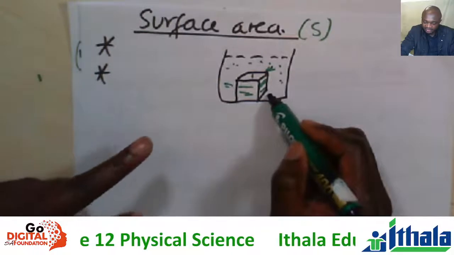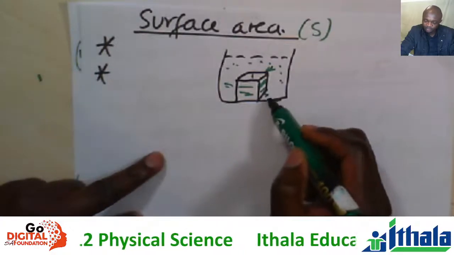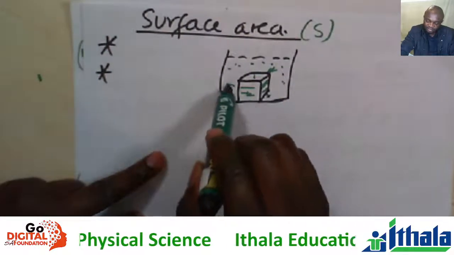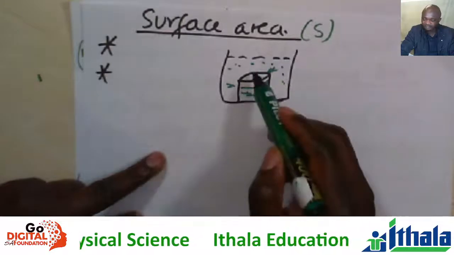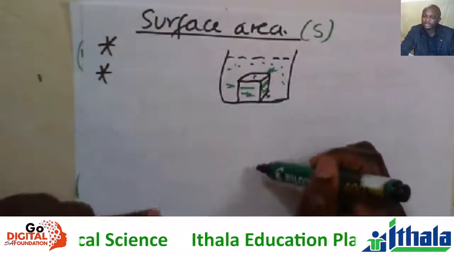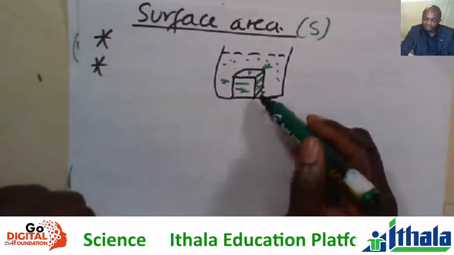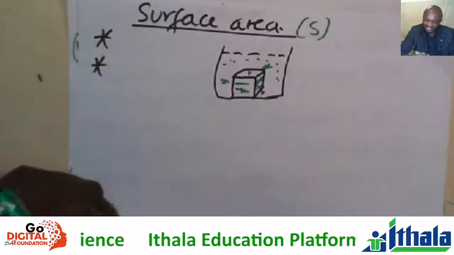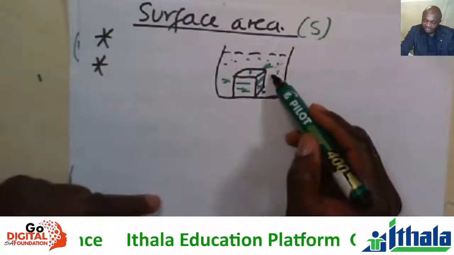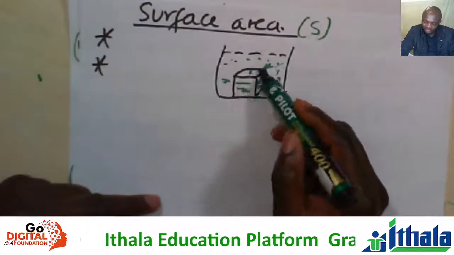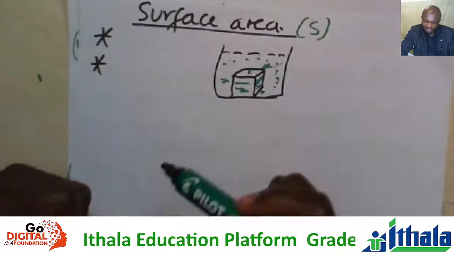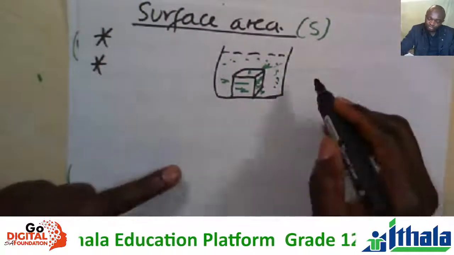Let's say it's floating, even at the bottom. So how many surfaces? 1, 2, 3, 4, 5, 6 surfaces are in contact for this one, right? Now ngifuna increase a surface area. Angithi lamanzi lawa are in contact with only this part avelayo. Now what if I break this one into pieces?